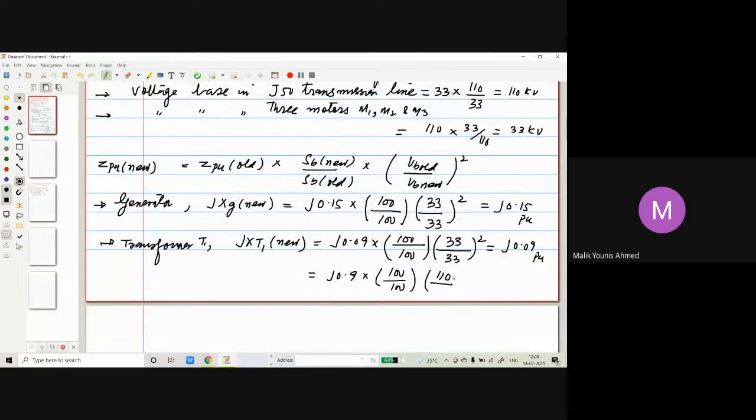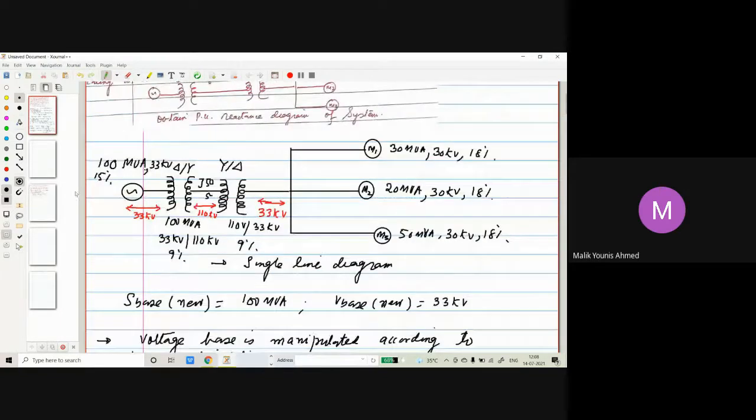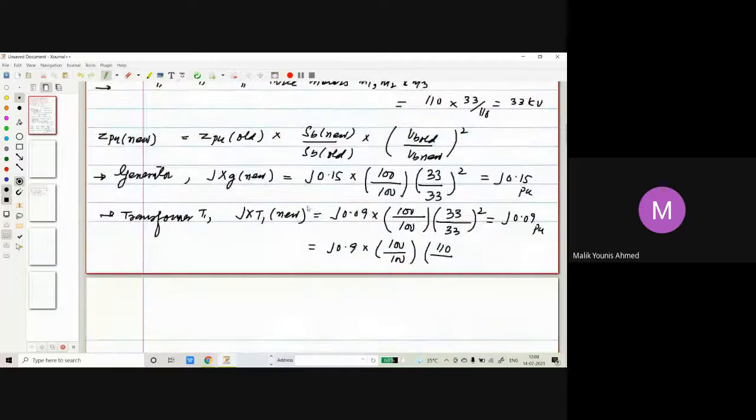What will be the base value on this side? The base value on the transmission line is again 110 kV. So you go by any method, primary or secondary, you are going to get the same results. So again it is J 0.09 per unit. So this is the way you have to do it.